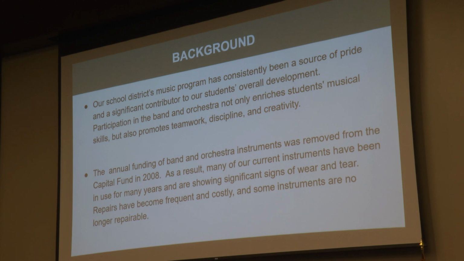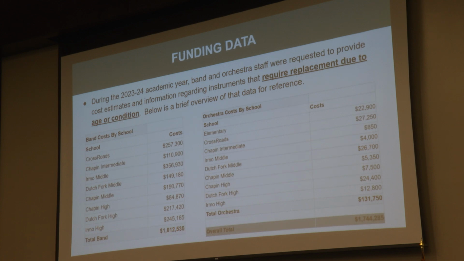If you can recall, when we did our work for the facilities conditions report, we had 5 levels, 5 being the best, 1 being the worst. We asked, what are your level 1 needs for band and orchestra? They identified $1.7 million of band and orchestra equipment that needs to be replaced immediately.